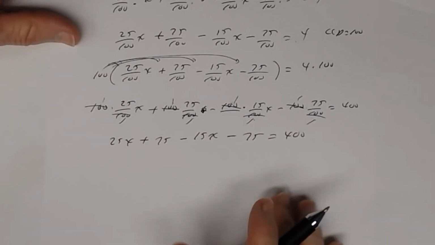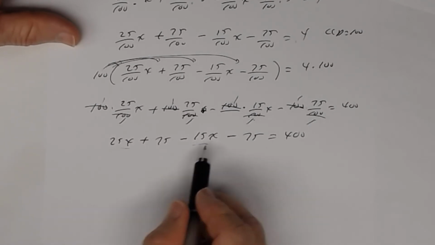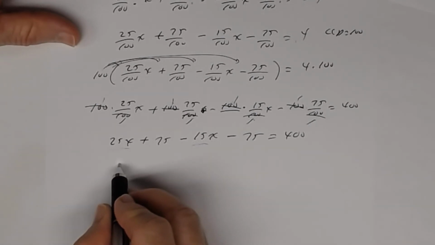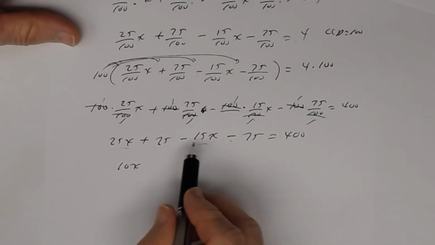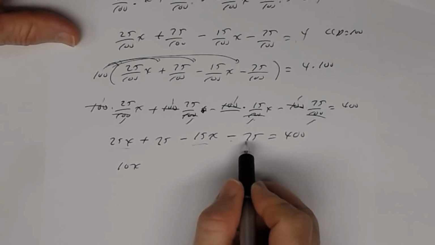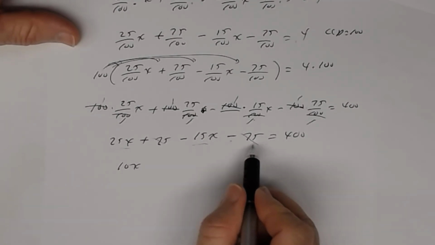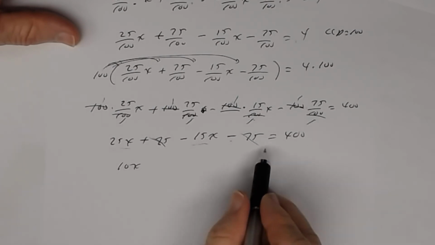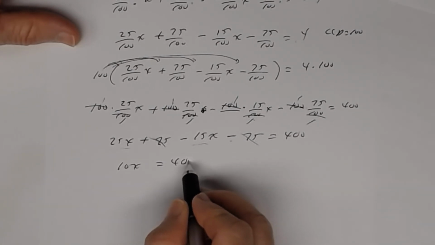All right, now we're going to combine like terms. 25x minus 15x is, what's that, 10x? 75 minus 75, that's 0, right? So I'm going to cross them out to show you that that cancels out. That's 0. And then you're left with 400.